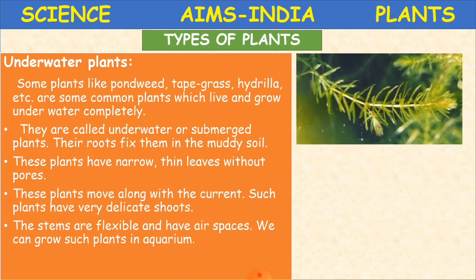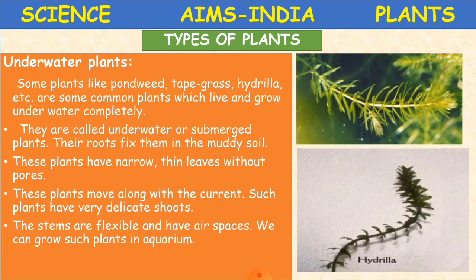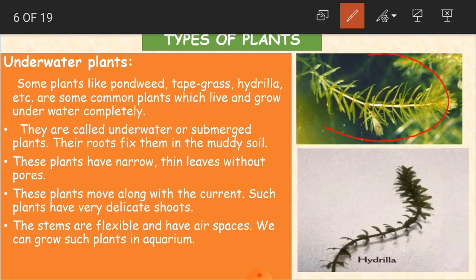They grow completely underwater, as you see here in the picture, and they are called underwater or submerged plants. Submerged because they are lying under the water, merging with the water, mixed with the water. That is why we call them submerged plants.